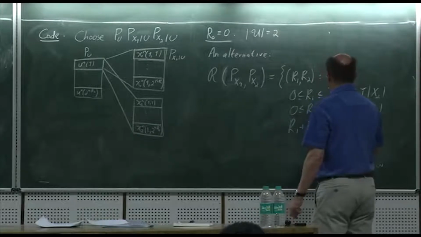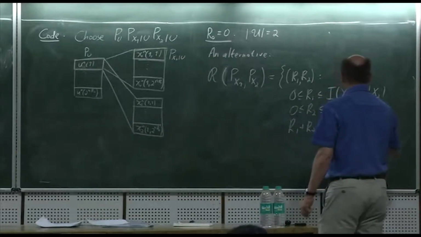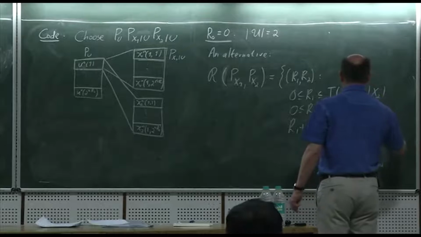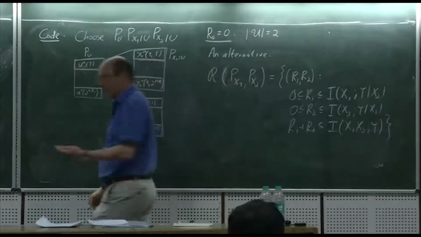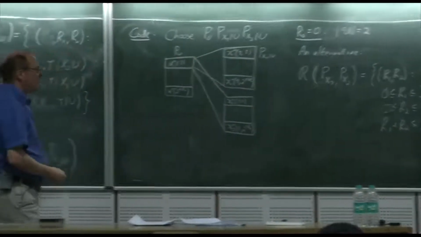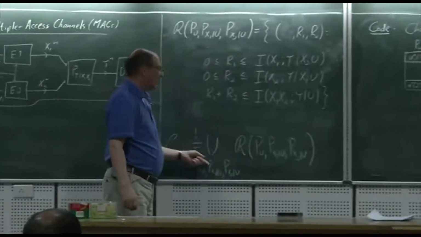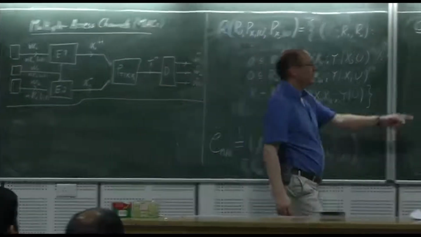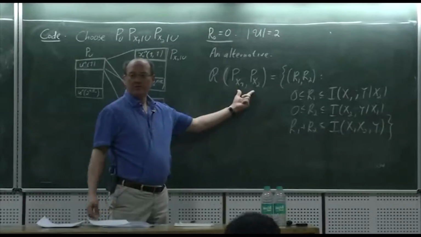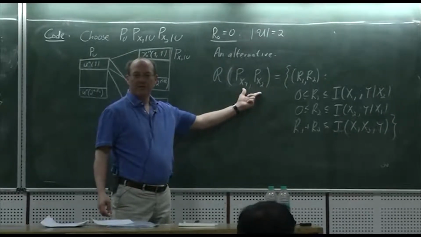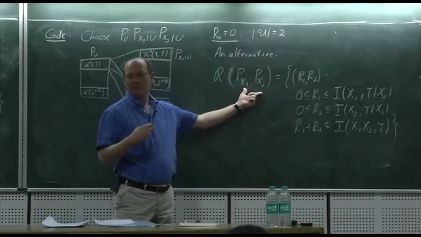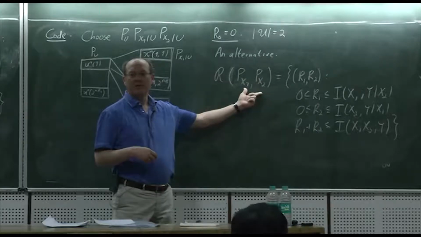This is the one you usually see, right? Usually you see this region presented. And then one is tempted to just take the union over all joint independent x1 and x2, right? But if you do that, you won't get the capacity region. That's the important insight.